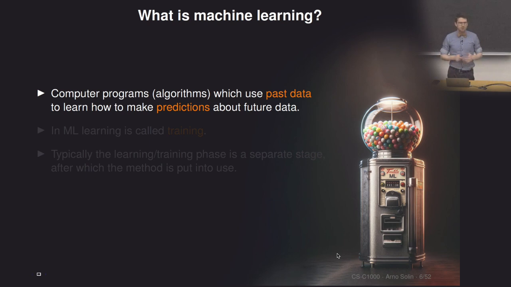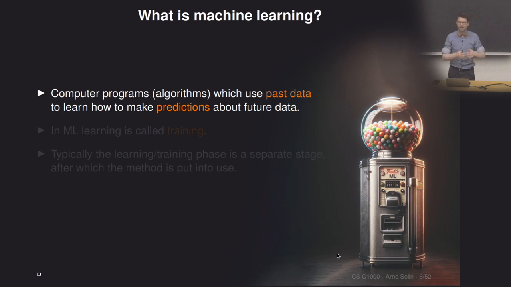One could say that machine learning is concerned with computer programs or algorithms which use past data to learn how to make predictions about future data. You have some data that you have observed and you want to teach a method to say something that would generalize to yet unseen future data. This could mean that I train a machine learning method to recognize cats and dogs in pictures.